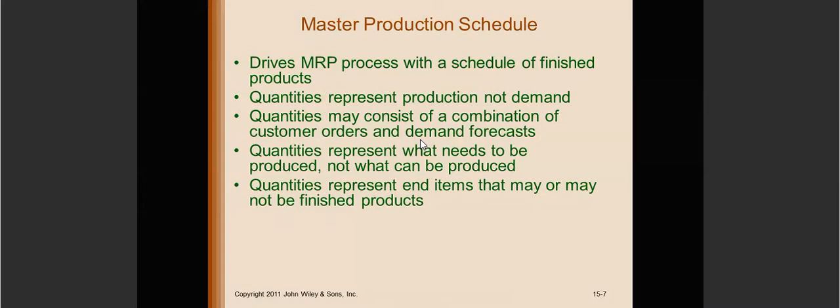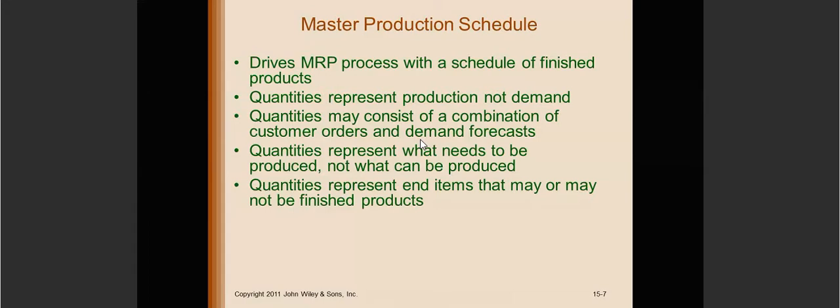So it's stressed here that the production process must allocate sufficient capacity to ensure that the quantities that need to be produced are according to what has been mentioned in the master production schedule.